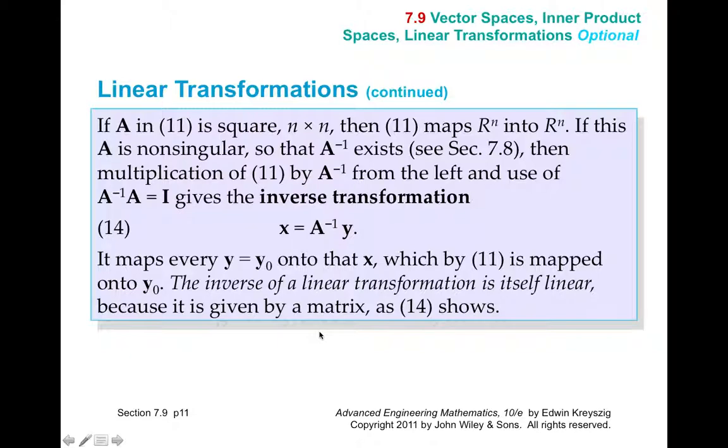If A is square, then you map R sub n into R sub n. If A is non-singular, then you have an A to the minus 1 that exists, so you can give an inverse transformation. The inverse of a linear transformation is also linear because it's given by a matrix.